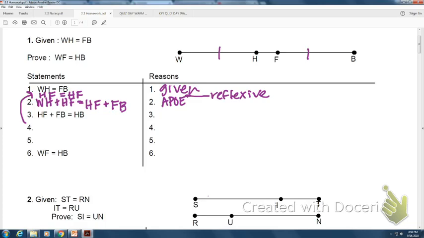How do we know that? So if I know that, or if it says HF, this part plus this part equals this whole part. Very good. Segment addition postulate.